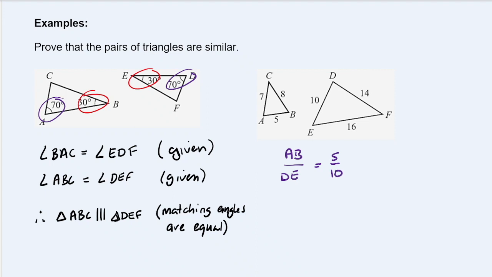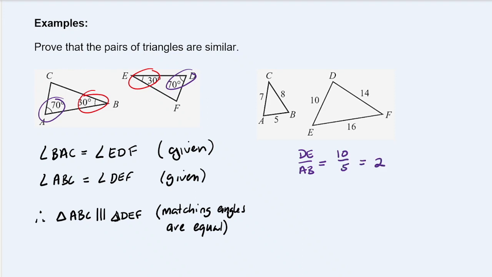Now, we actually normally go the other way around and have the bigger side on top, but that's okay. So that's going to be a half. In fact, we might do that because that's going to be a little bit easier to do. So let's put the bigger numbers on the top. So let's go DE. Let's do the second triangle first. Alright, so that's going to become 10/5, which is 2.